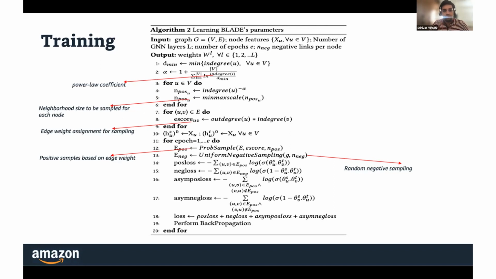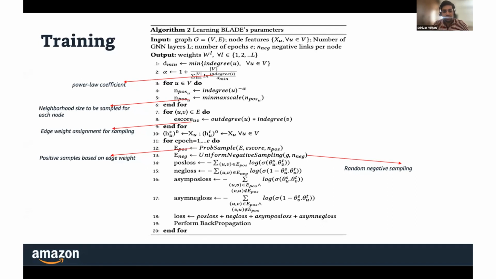So for every graph, we learn this alpha, and during steps 3, 4, 5, we estimate the size of each node neighborhood sample that we want to sample using alpha. And further, for every edge, we compute the score, which is a product of its in degree and out degree.